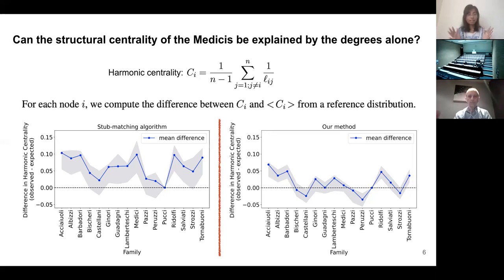But this example tells us that it's very important that we use the correct method for generating the reference distribution. Otherwise, we can end up with misleading conclusions. And if you're aware of the configuration model function in Python or in R, then they use the stub matching algorithm, which is, again, not what we should ideally be doing.